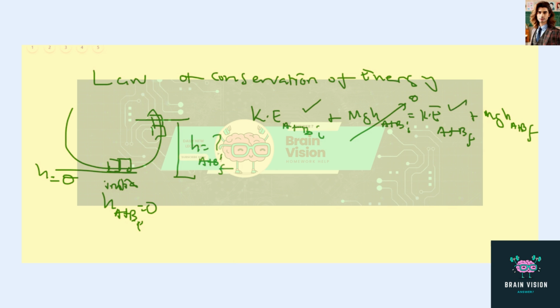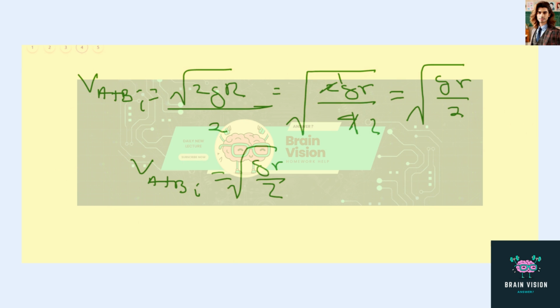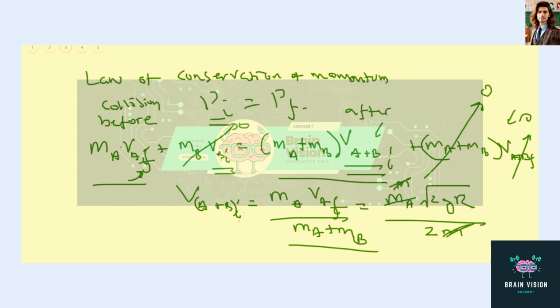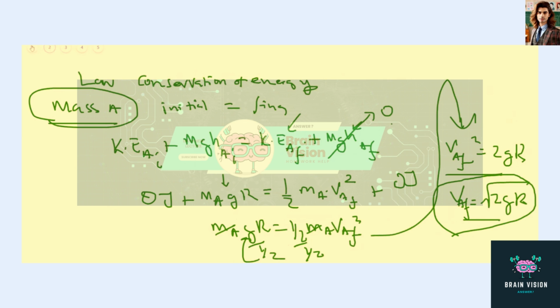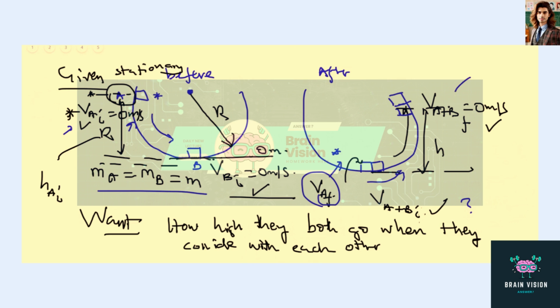The final kinetic energy will be 0 because the final velocity of the two masses, when they stick together, is 0. If you go back right here, you see that this final velocity when they stick together is 0.